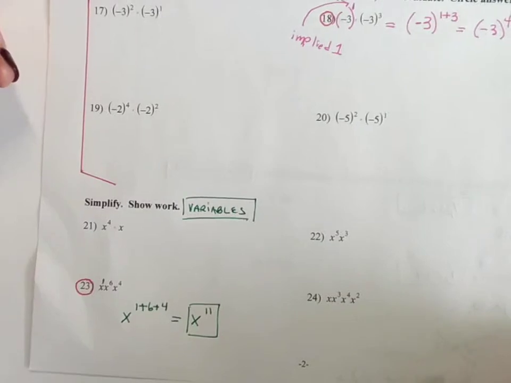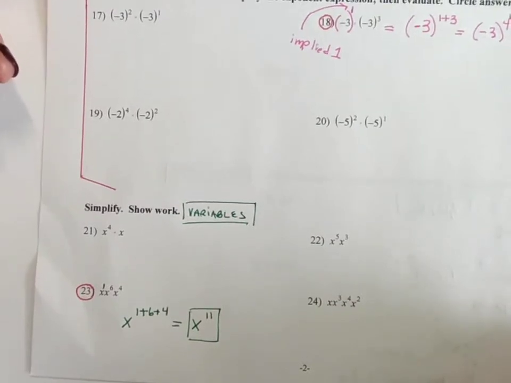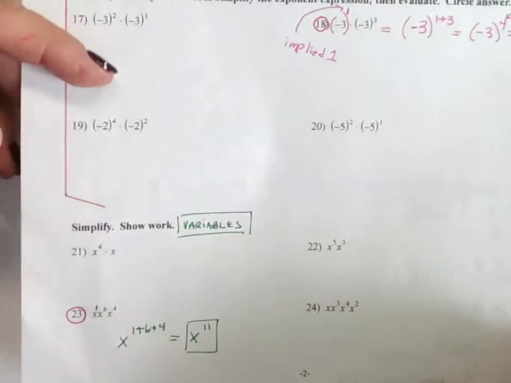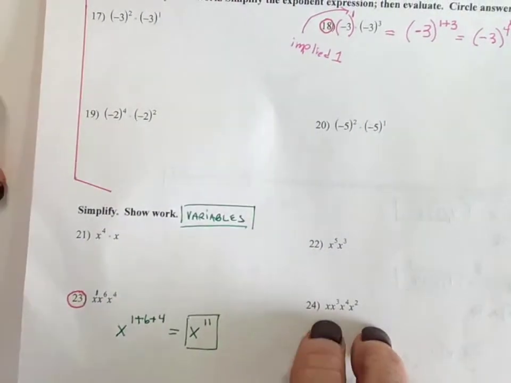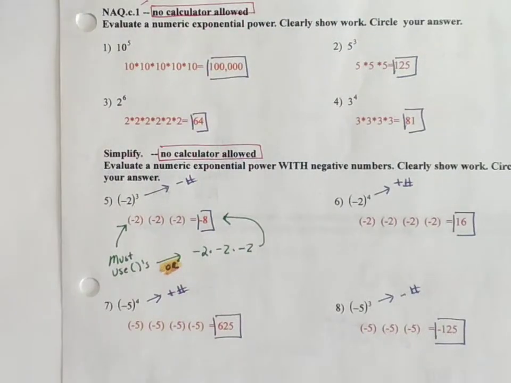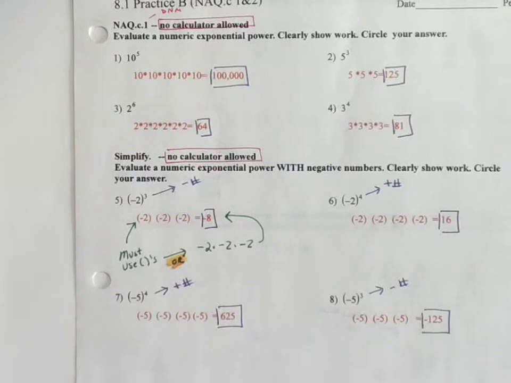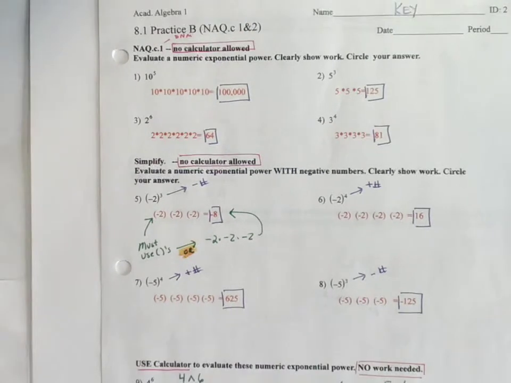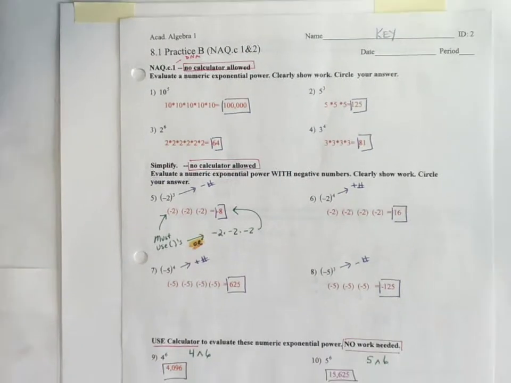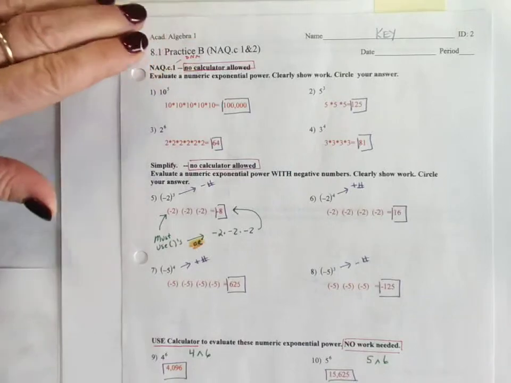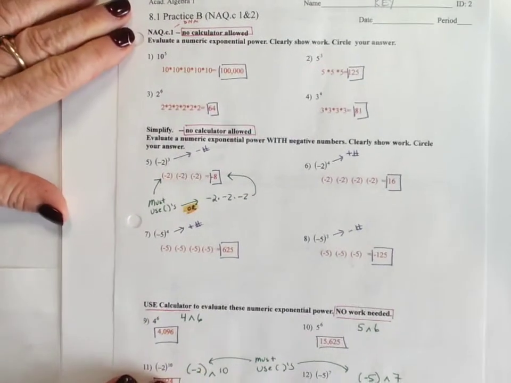So that's the end of the lesson for section 8.1. Your homework is to finish this worksheet. The answers are posted on my website. But for those of you that are going to the YouTube video, I'll place the answers here so they're all in one spot.